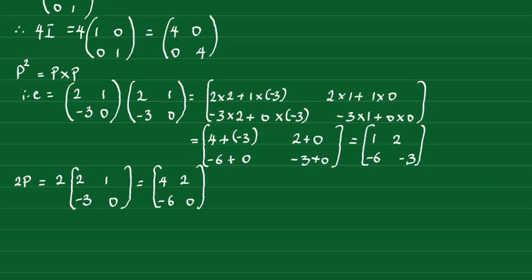Now having gotten our value for 2P, we can proceed to find our value for P squared minus 2P plus 4I.